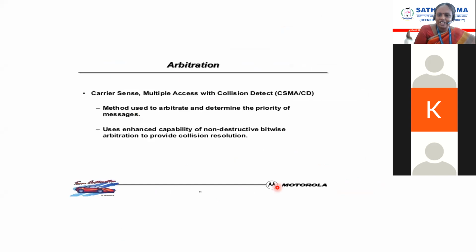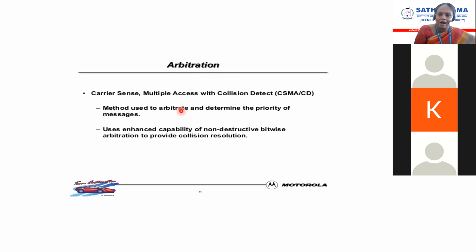And arbitration, I told you, is nothing but priority or judgment coming into the picture. Now I will receive too many messages, but I have to avoid collision. So that is the arbitration field. Carrier sense multiple access with collision detection is done by the arbitration field, which identifies which message has more priority.